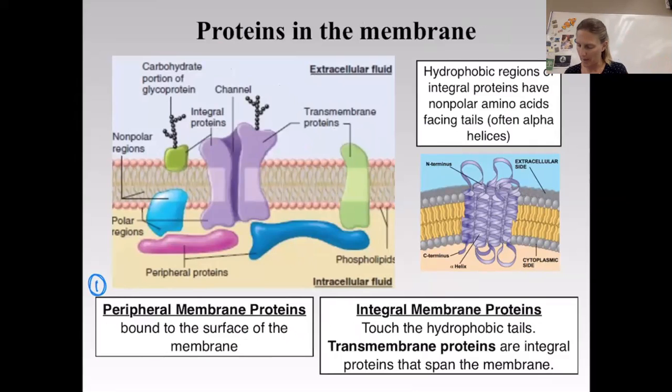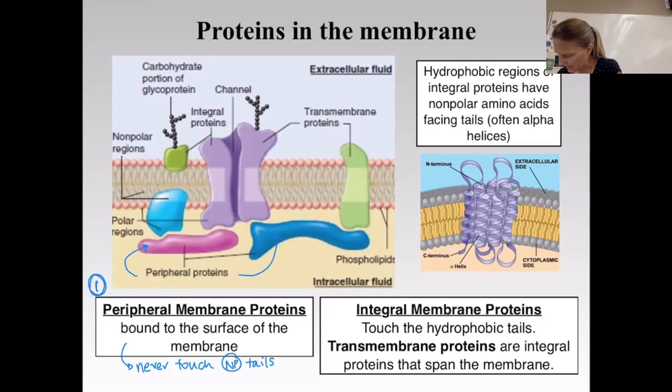And for me, what that means is that they never touch those nonpolar hydrophobic tails, right? So here is an example of a peripheral membrane protein. Here is another example of a peripheral membrane protein. It's not touching those hydrophobic tails, right?